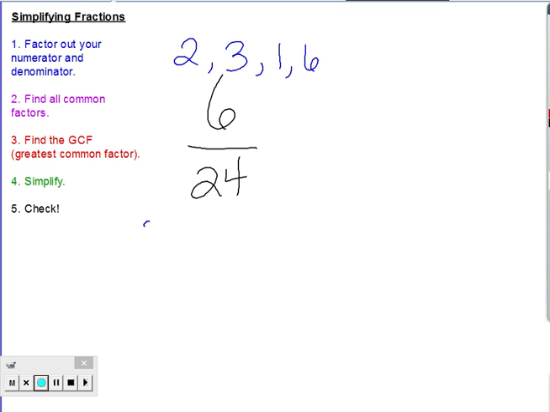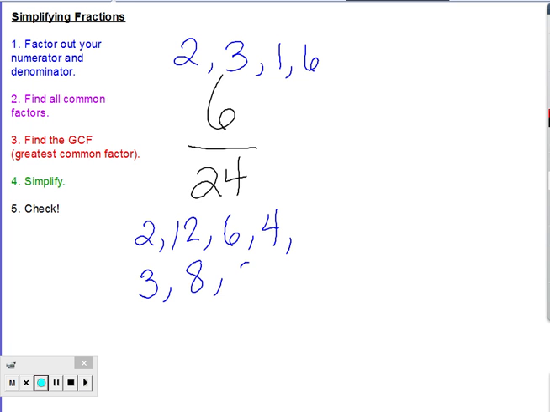I know that 2 times 12 is 24. I know that 6 times 4 is 24, so 6 and 4 are both factors. I know that 3 times 8 is 24, so 3 and 8 are both factors.